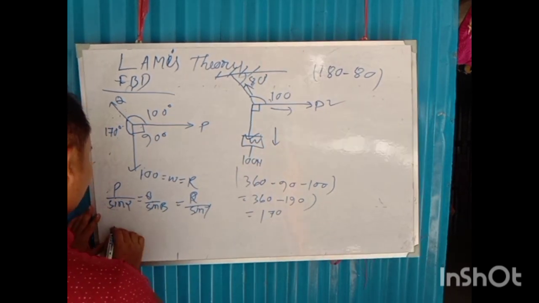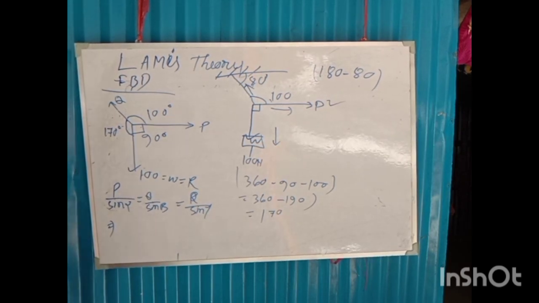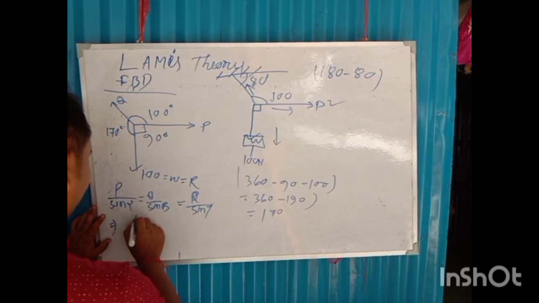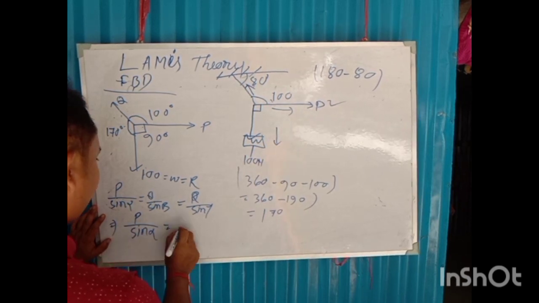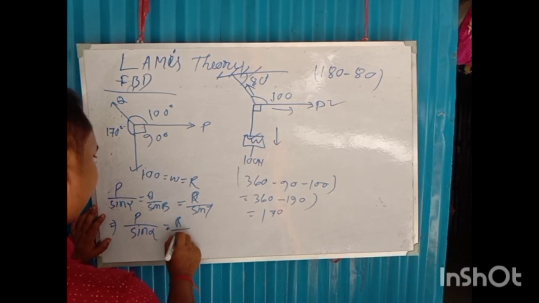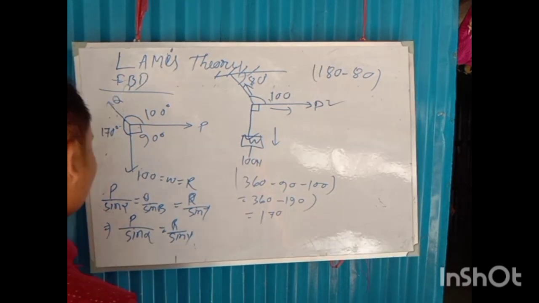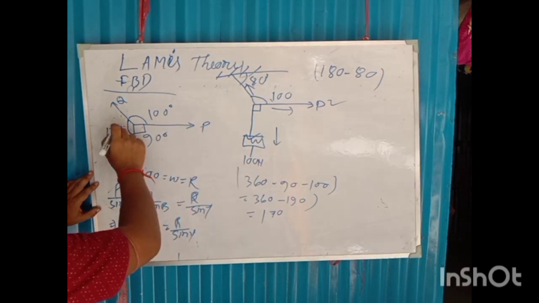Okay, so we will take only P by sine alpha equals R by sine gamma. Here, this is alpha.